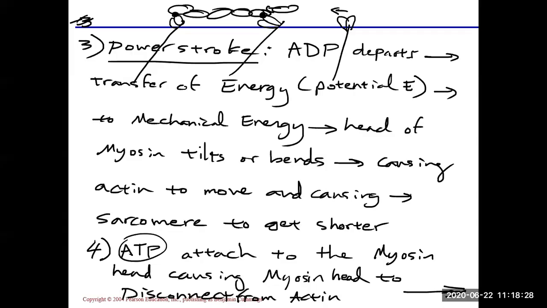On the myosin head, if you recall, not only do you have one area for the binding site, but you have another area for the ATP, right in the head part here. As soon as the ATP binds in here, it changes the conformation and they get disconnected from the actin. So that's step number 4.